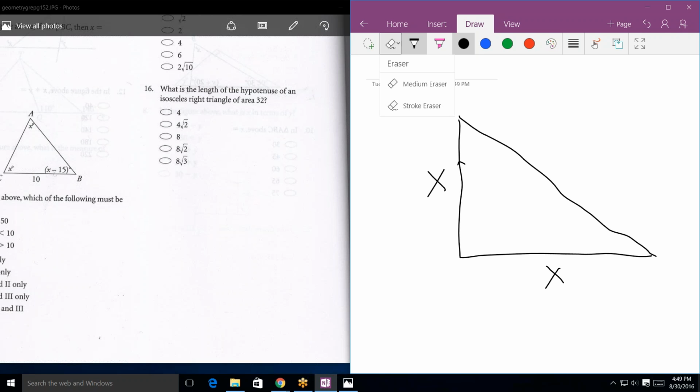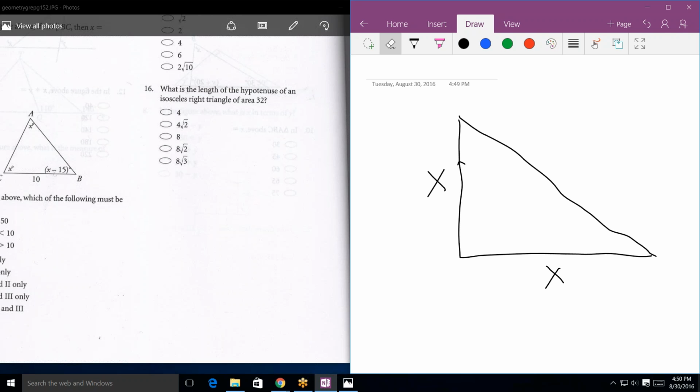Correct. So the height is the same as the base. And they're telling us the area. So what times what equals 32?